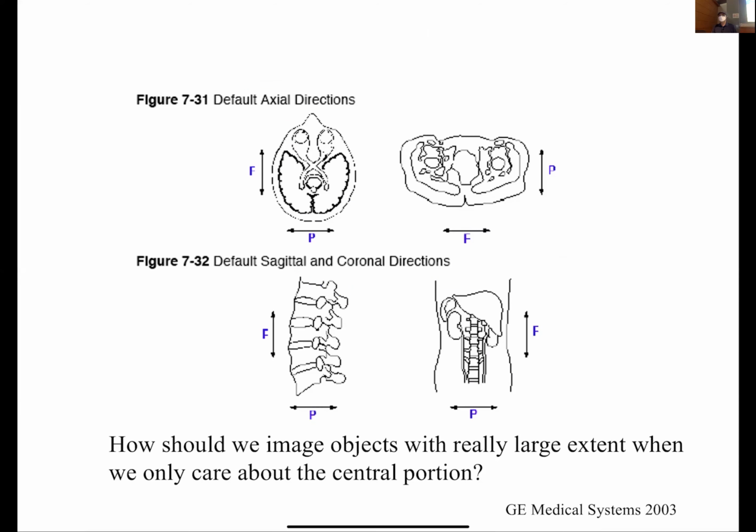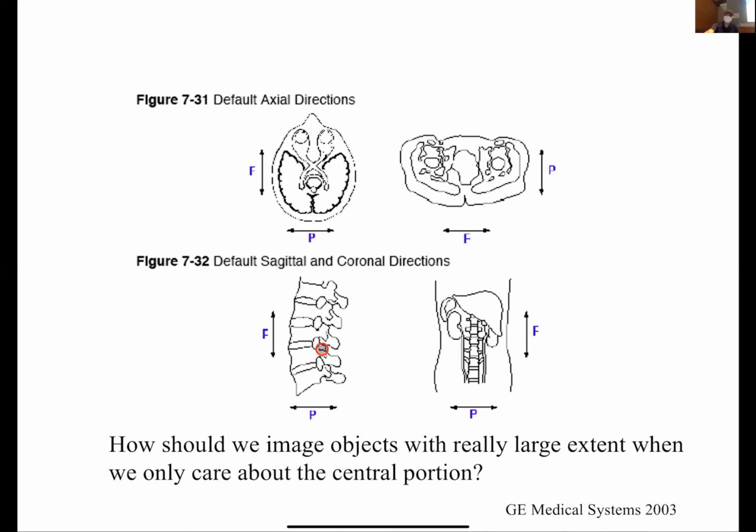So the question is, if I have something really long like a spine or a snake, which should be the readout direction, which should be the phase encoded direction, and then how do I deal with aliasing? It turns out the answer is you should always put, where possible, the long axis along the x direction, or your kx, your readout direction. So readout is always along the longest aspect of your object.